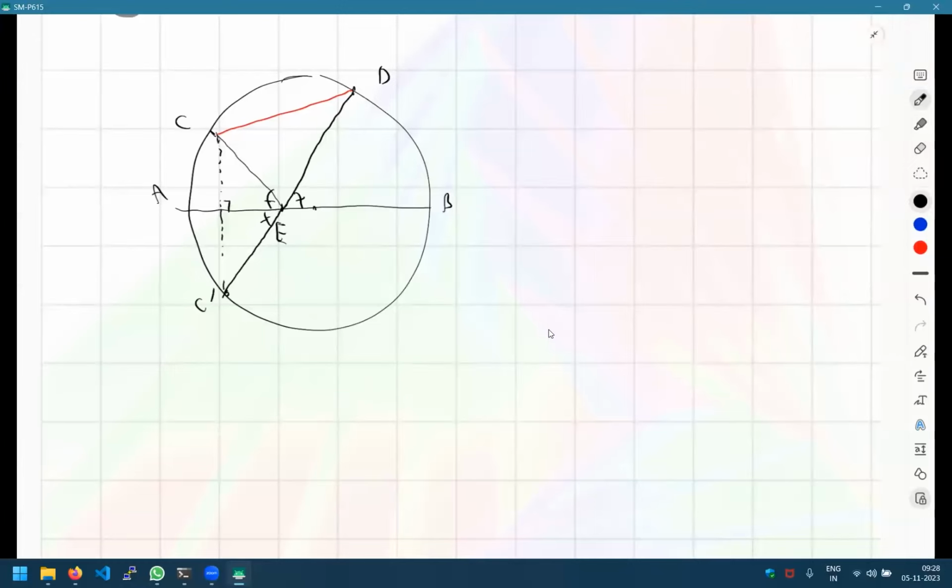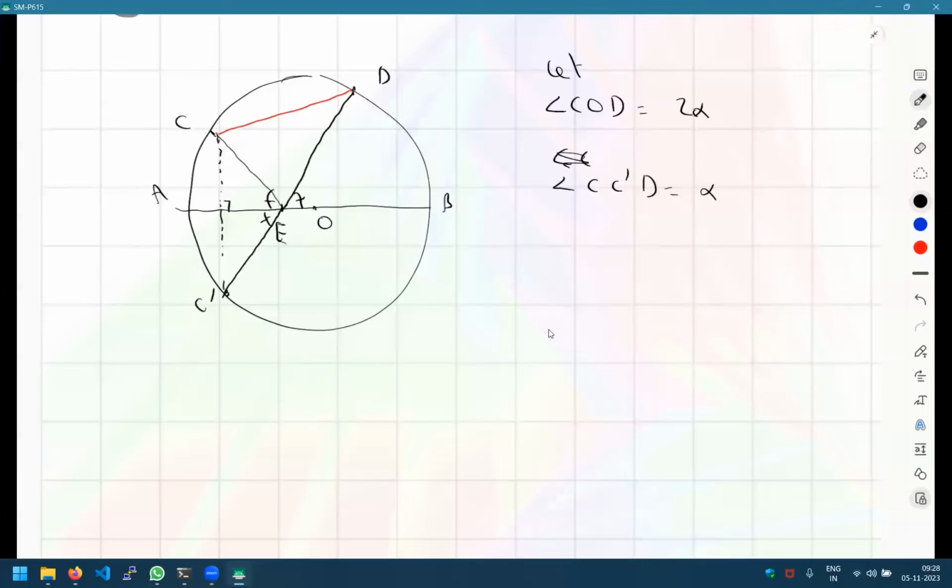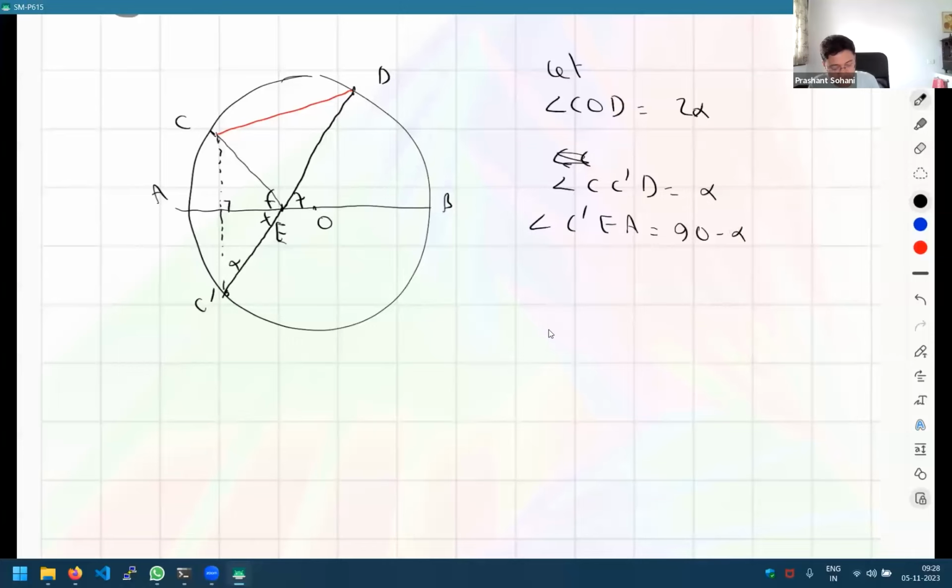Now if we consider O as the center, then angle COD is equal to 2 alpha. Then angle C dash D will be equal to alpha, correct? Then angle AEC dash is equal to 90 minus alpha. So angle C dash EA will be 90 minus alpha, and that is also equal to angle CEA, correct?